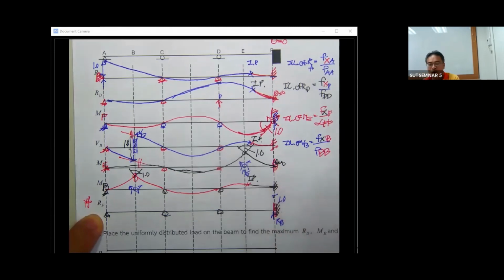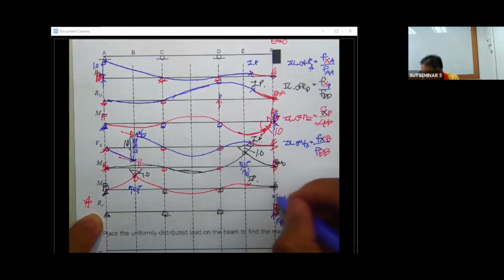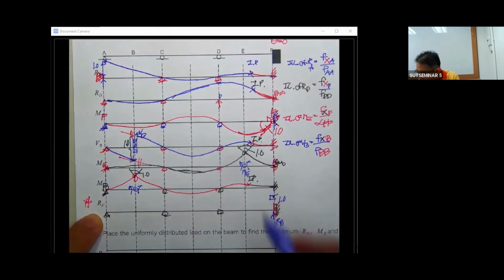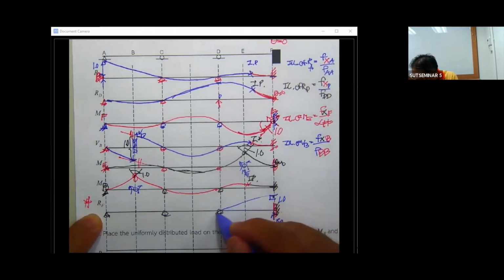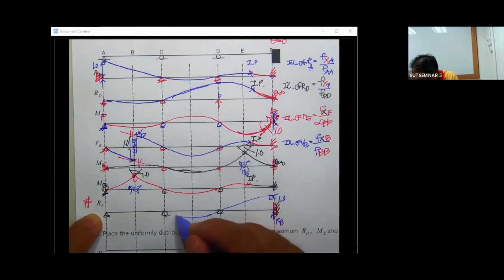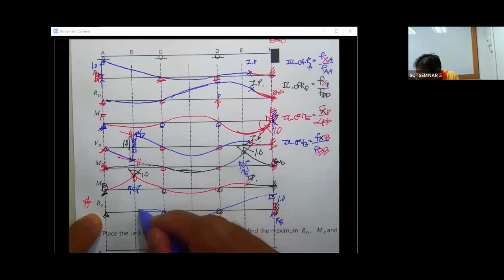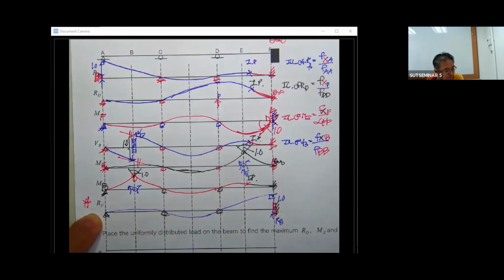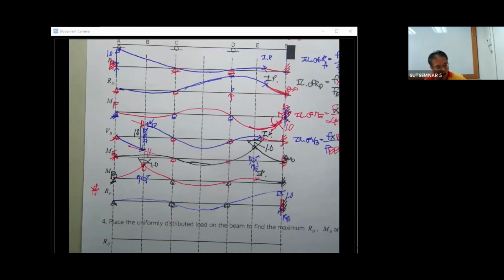For 1.0 unit. But anyway, this one still has the moment resistance. So this one will have a shape something like this. Okay. So you get this one for the reaction R sub F.